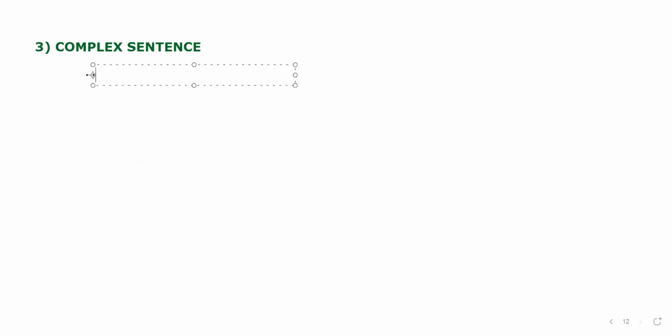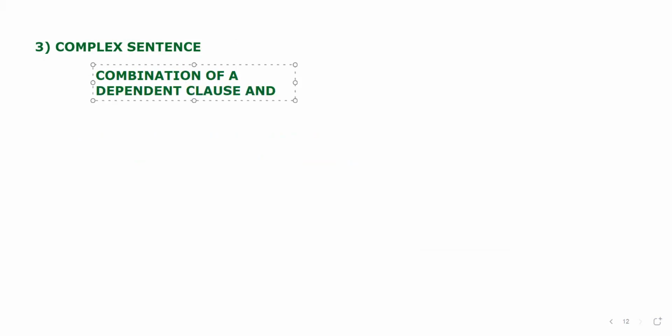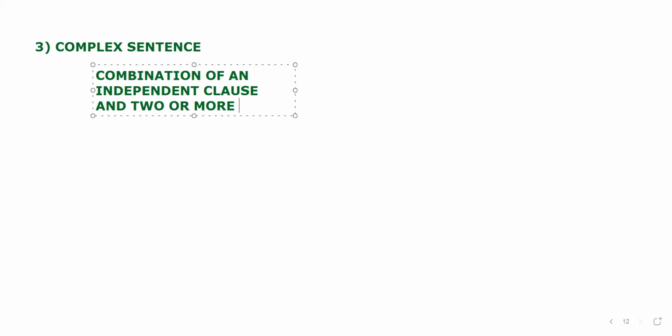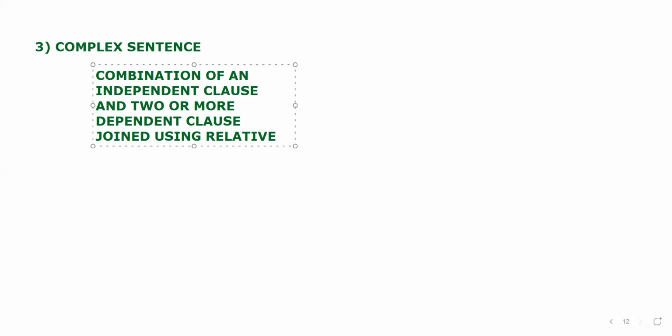A complex sentence is the combination of a dependent clause and two or more independent clauses, or an independent clause and two or more dependent clauses, joined using a relative pronoun and a subordinating conjunction. Is that clear?